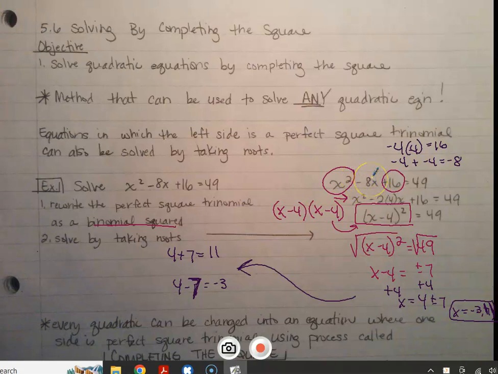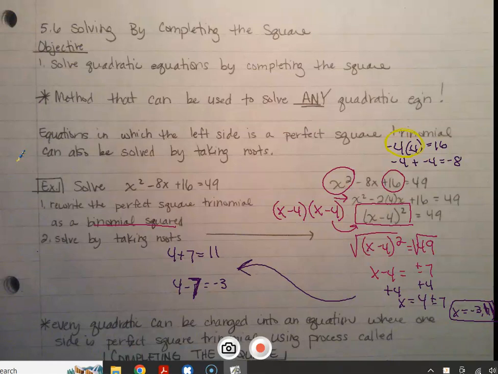That's when we used the last number. And because these are the same factor, that's why we can solve by taking roots. If they were two different numbers, we couldn't use this strategy.